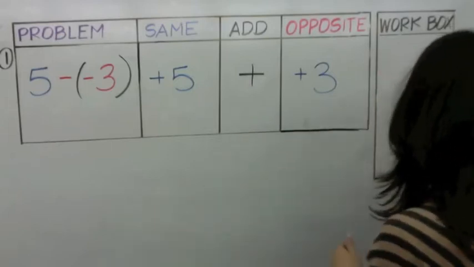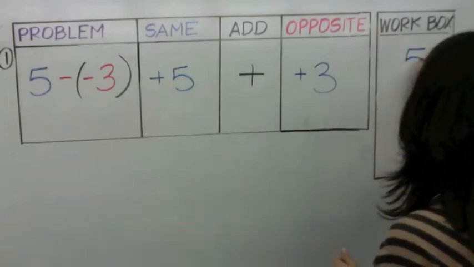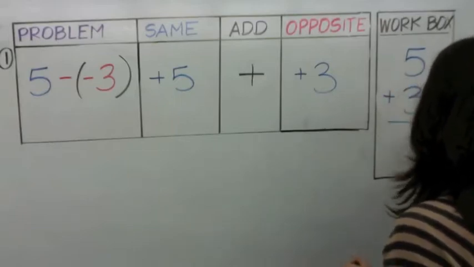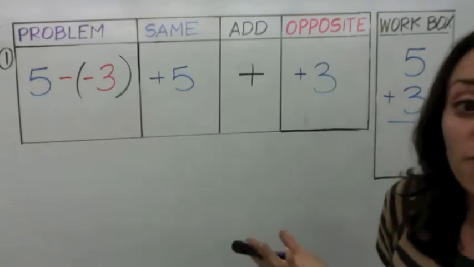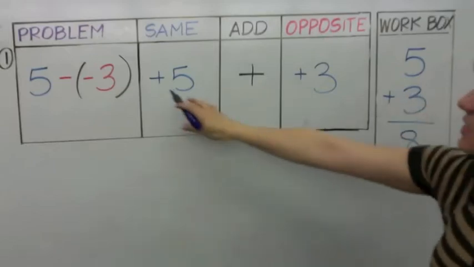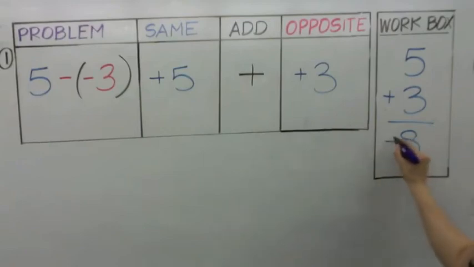So you're going to have positive 5, which you could just write as 5, plus positive 3, which is really talking about 5 plus 3. That's pretty simple. So you say 5, 6, 7, 8. And the answer, you want to keep the sign. If this is positive and this is positive, then the answer would be positive. So the answer is positive 8. Very good. Get this down.